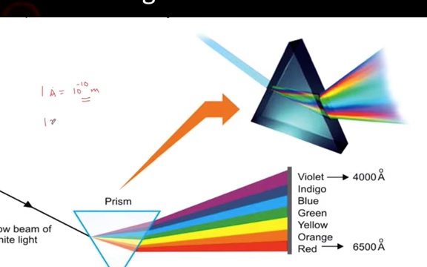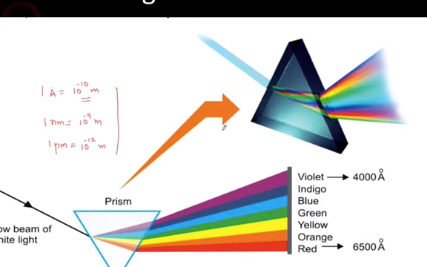Similarly, 1 nanometer is equivalent to 10 raised to power minus 9 meters. 1 picometer is equal to 10 raised to power minus 12 meters. I would want everybody to remember these three conversions, because while problem solving, this becomes a very important term. What is an Angstrom, what is a nanometer, and what is a picometer? Clear?